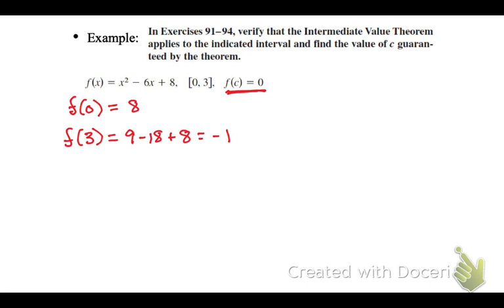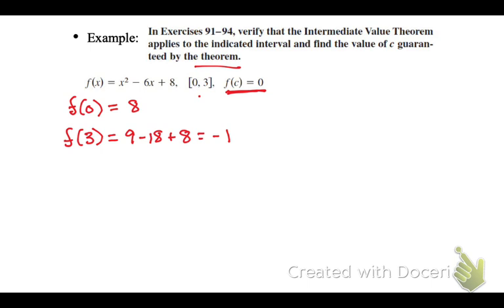Okay. So all we have to do on here, guys, it says use the intermediate value theorem over the indicated interval to find the value of c guaranteed by the theorem. Okay.